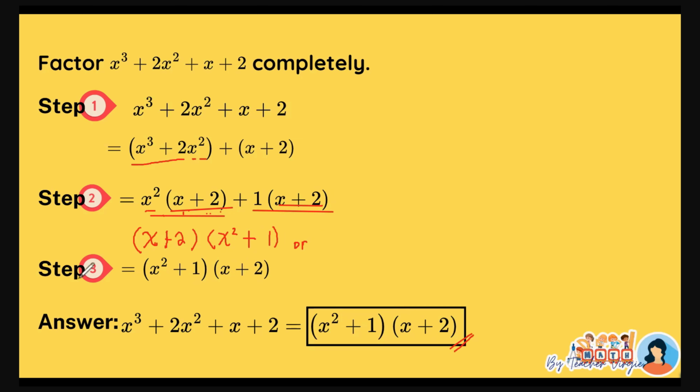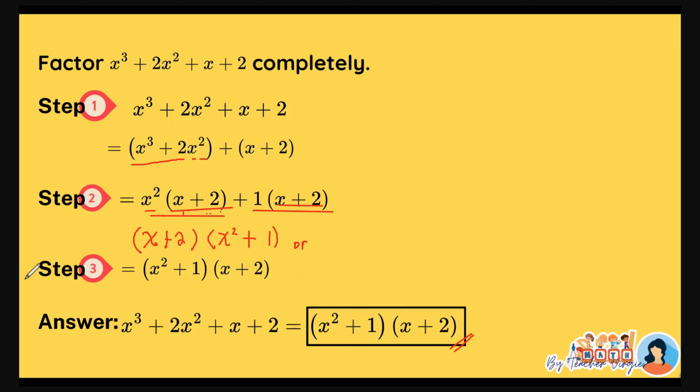So these are only 4 steps, sometimes 3 steps. First, we regroup the 4 terms into 2 groups. Then we make sure we can get the greatest common factor of each group. And we can also get the greatest common binomial factor so that we can factor completely.